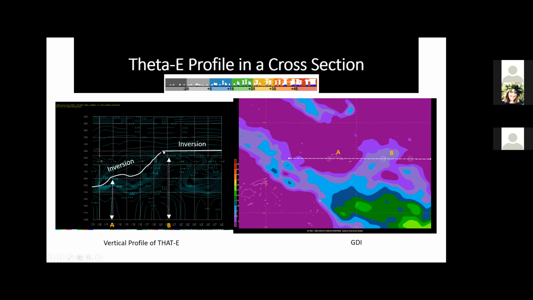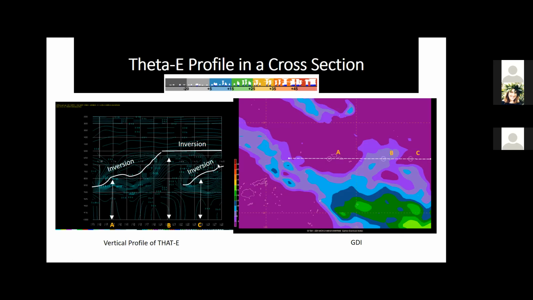But again, we have an inversion just right above it, where the equivalent potential temperature increases with height. A third point that we are looking at, point C, is the same thing as we saw before: very shallow convective instability with the temperature decreasing between the surface and 800, and then increasing above that. And you get to see where the other inversion is located.